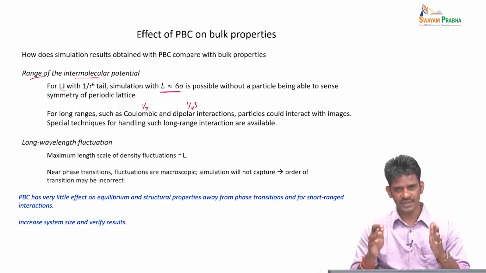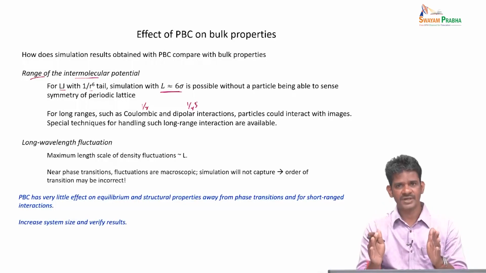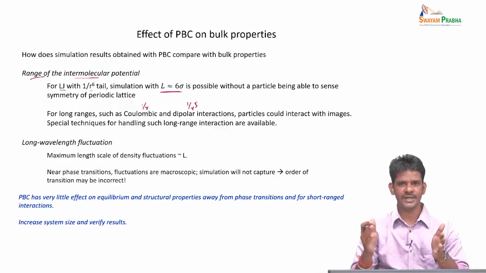The simulation box will restrict any wavelength to size L and below, so the maximum length scale of the fluctuation can only be L, but not beyond.